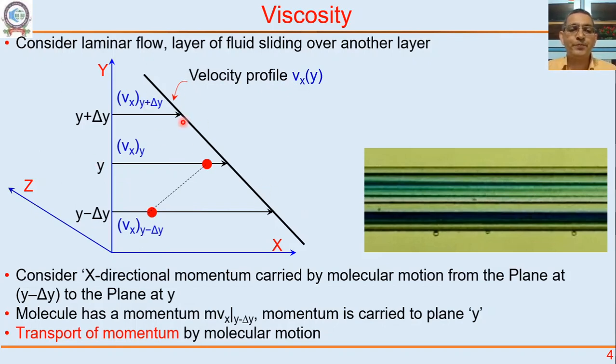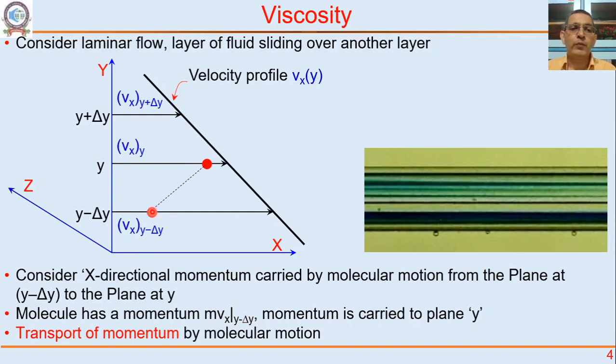So this molecule has a momentum in the x direction equal to the mass of that molecule multiplied by velocity in the x direction, mVx. But this is measured at y minus delta y, at this location. The vertical line means where this value mVx is calculated.